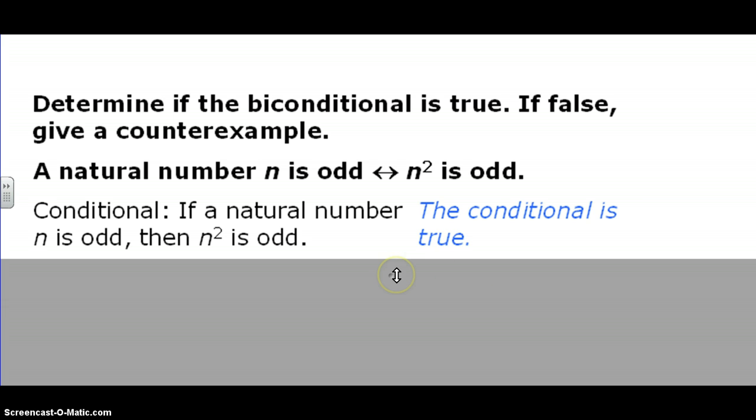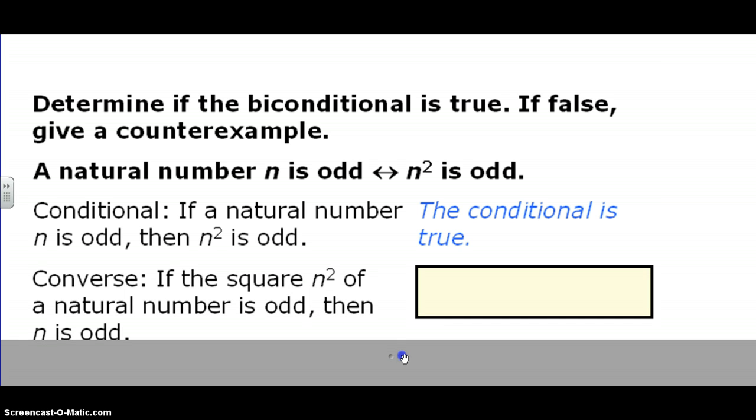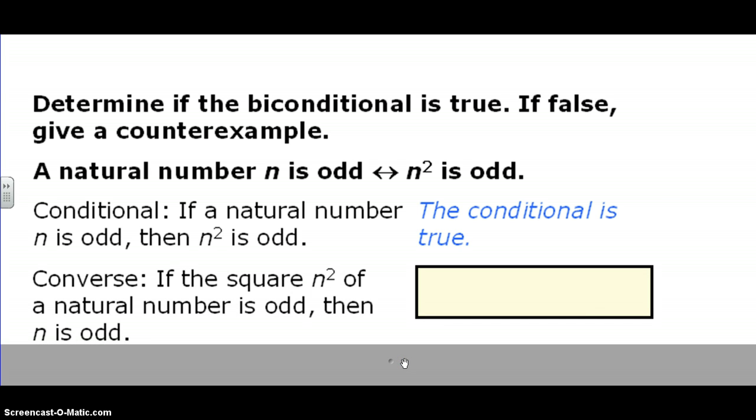And let's write the converse. If a natural number n squared is odd, then n is odd. Let's think. Let's say we have 81.